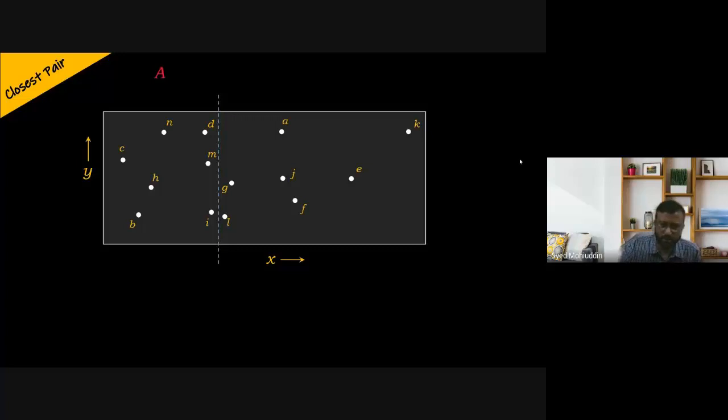Once we divide it, we have a partition A, let's call it the left partition, with all the points on the left side, and the blue dotted line is the value of x which divides these points. So we are not dividing the points based on the value of y, we are dividing based on the x coordinate.